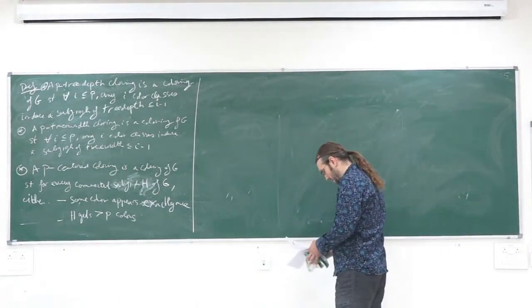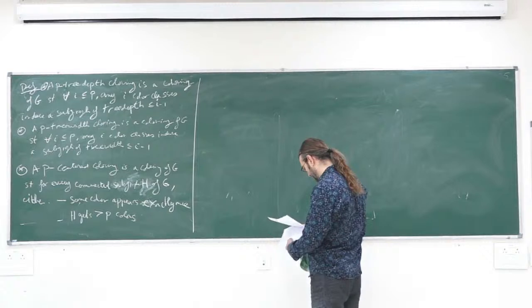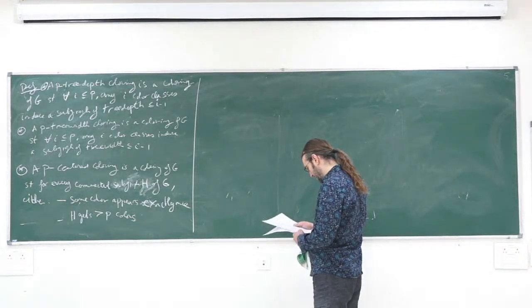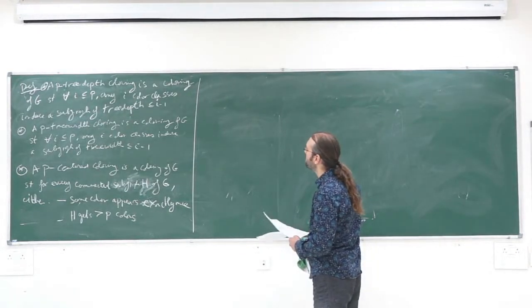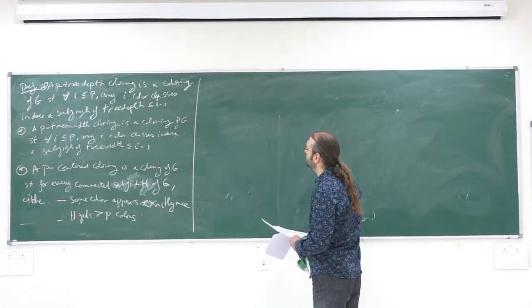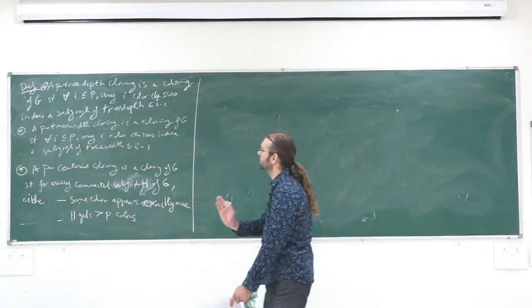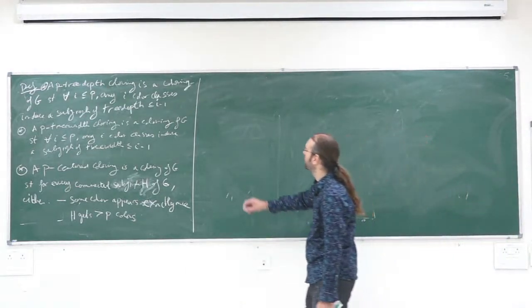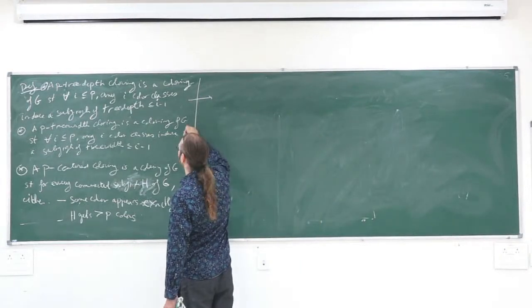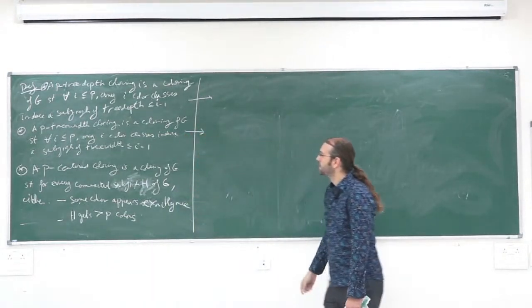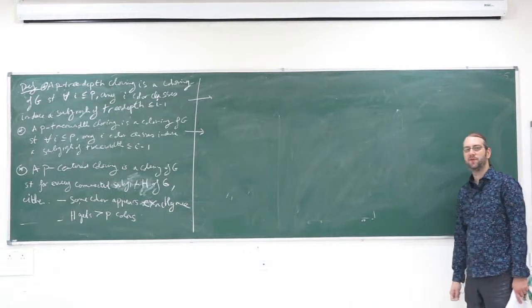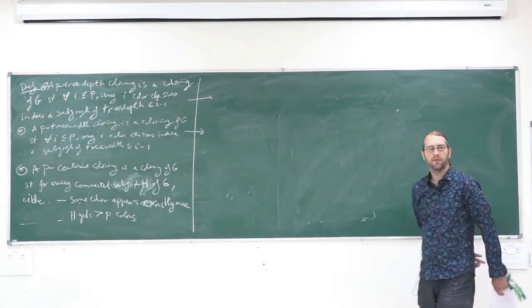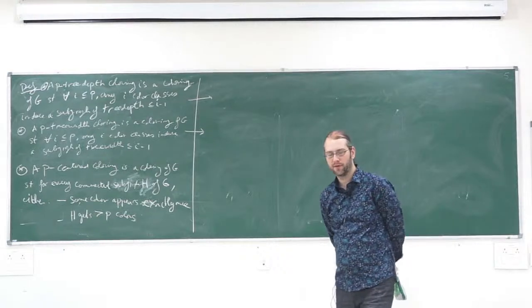Maybe first, just one small remark. For those of you who like colorings, remark that this definition and this definition generalize two important types of coloring, which are called acyclic coloring and star coloring.